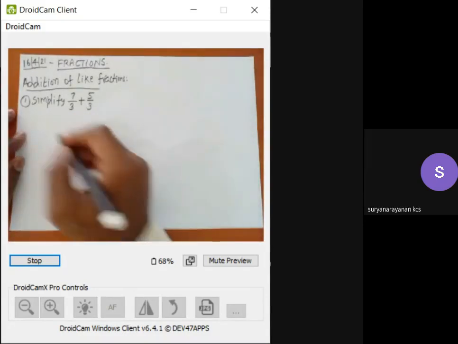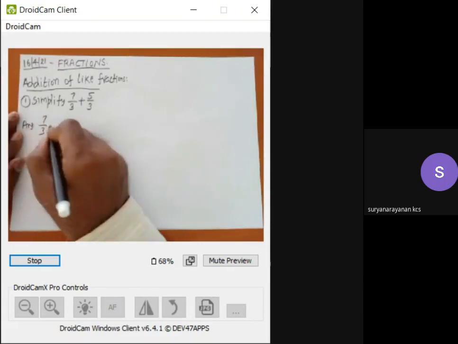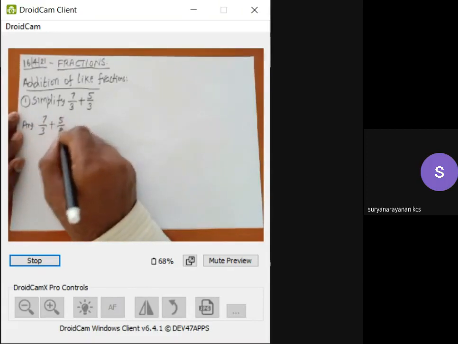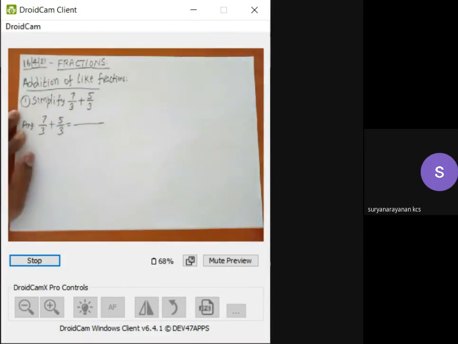Now, 7 by 3 plus 5 by 3. In the case of like fractions, it is easy to add and subtract the like fractions.